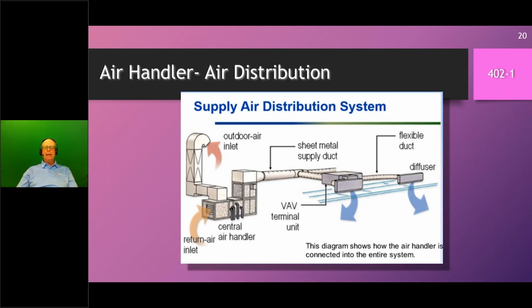So we can basically change the fan volume at that VAV air handling unit. And then that discharge air is going to go out to the different VAV terminal boxes, or quote unquote VAV boxes that we see here.